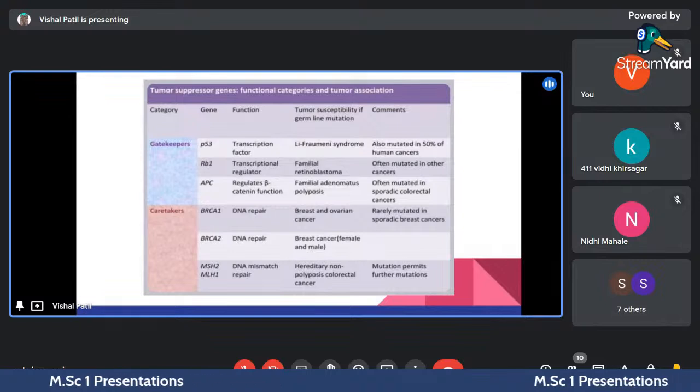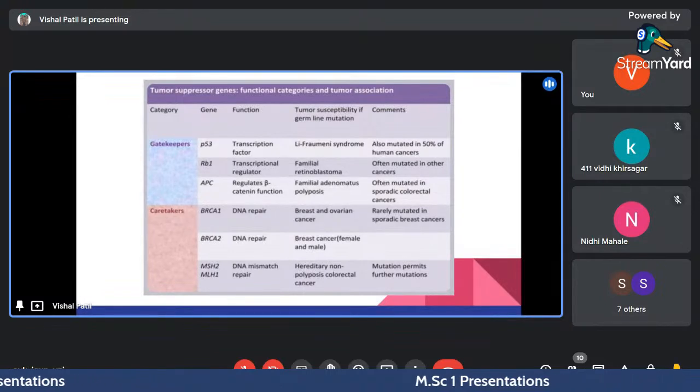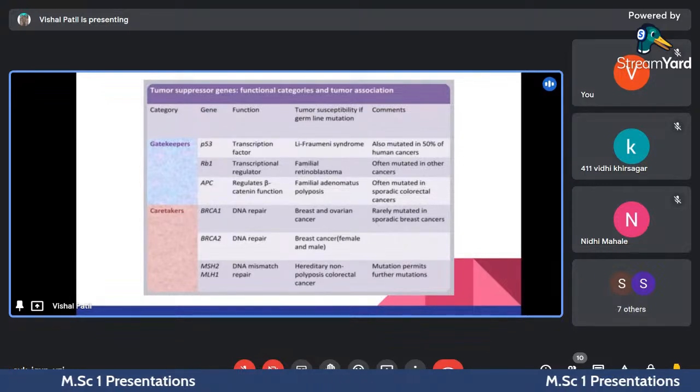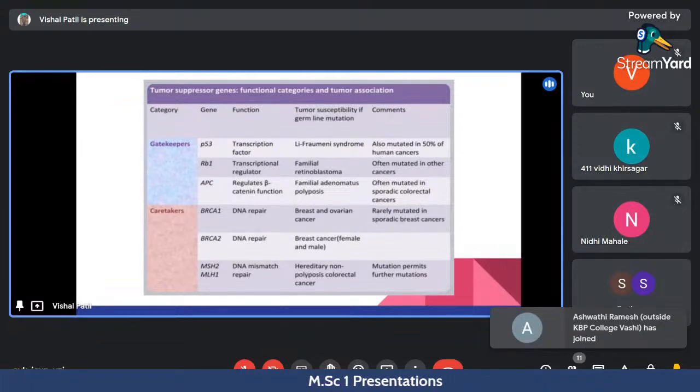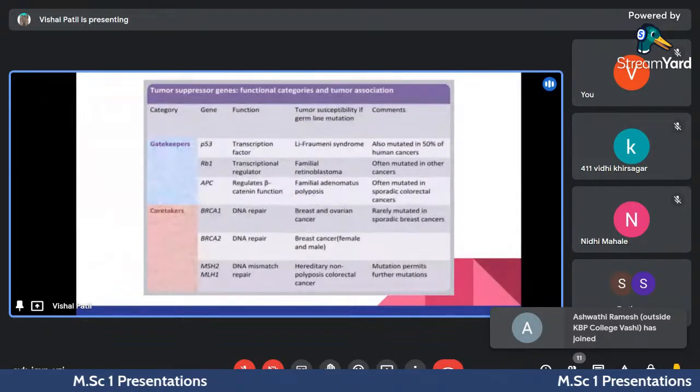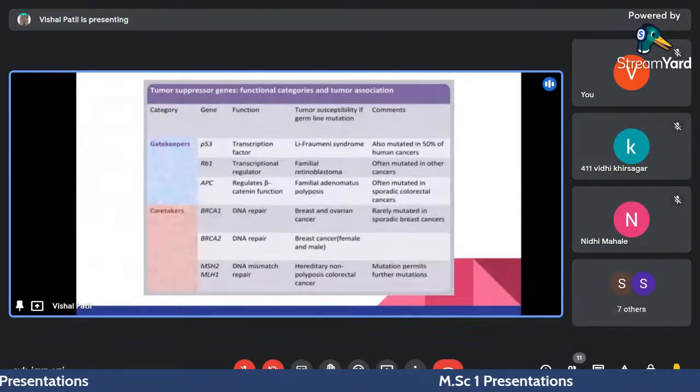And in caretakers, there are BRCA1 and BRCA2. Their function is DNA repair. And third one is MSH2 and MLH1. Their function is DNA mismatch repair.